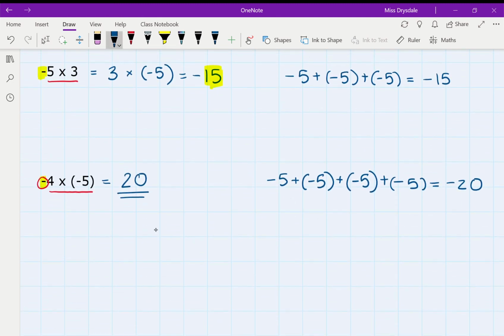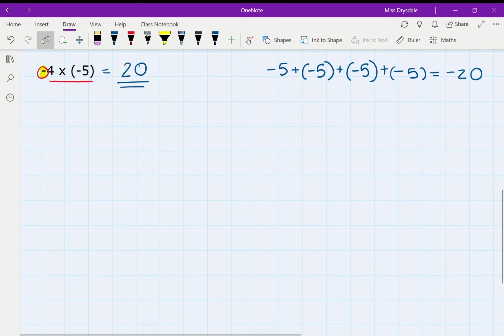Third example, we have a negative times positive, giving us a negative answer. And our last example, we had a negative times another negative, and that gave us a positive answer.